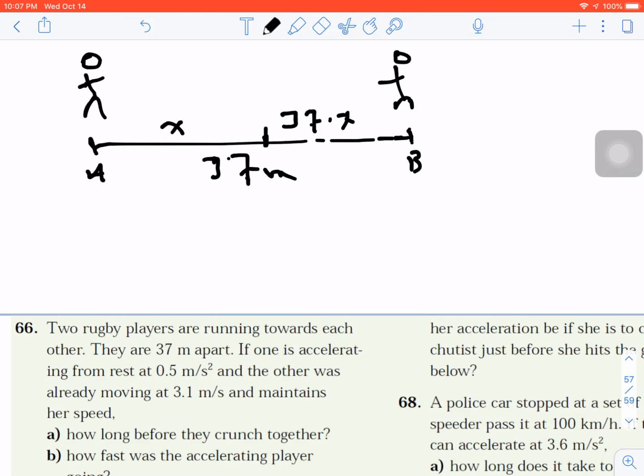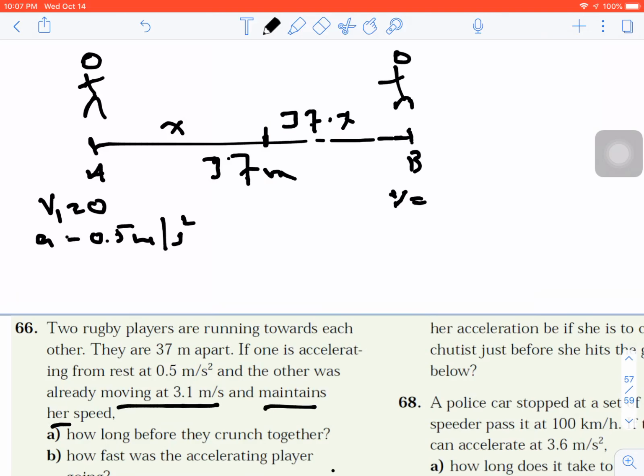Now, what I also know is that player A is accelerating from rest and has an acceleration of 0.5 meters per second squared. Player B has constant speed, moving at 3.1 meters per second, maintains her speed, constant speed.